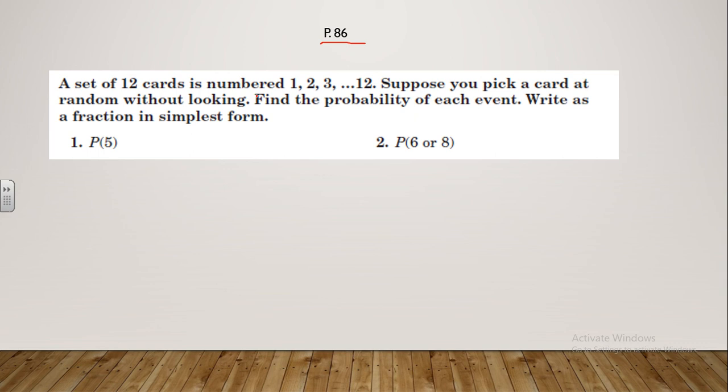Suppose you pick a card at random without looking. Find the probability of each event and write it as a fraction in its simplest form. So let's see number 1 here.